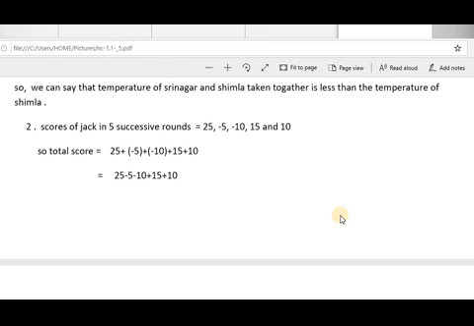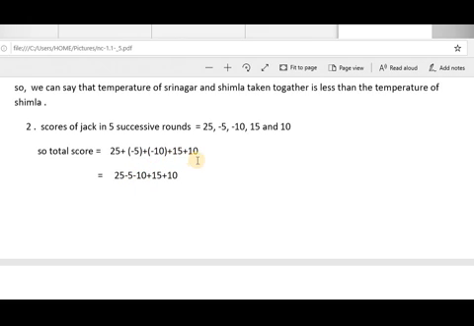So Jack gets marks as 25, minus 5, minus 10, 15 and 10. For the total, we have to add all the marks which he gets in the quiz competition. So 25 plus bracket minus 5 plus bracket minus 10 plus 15 plus 10 is given. Now we have to solve that. When we see plus and minus signs placed next to each other, plus multiplied by minus will be minus.